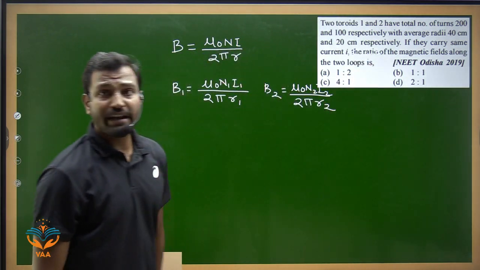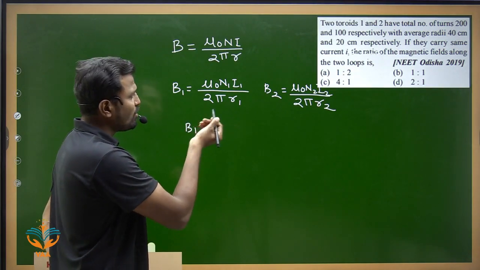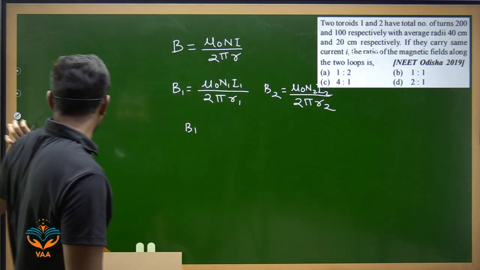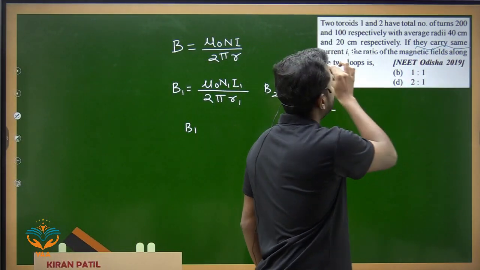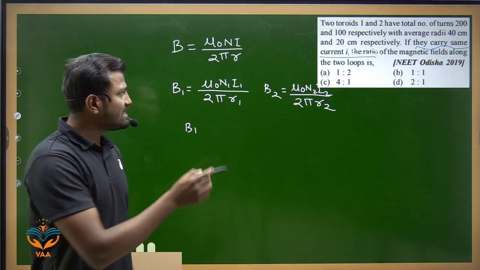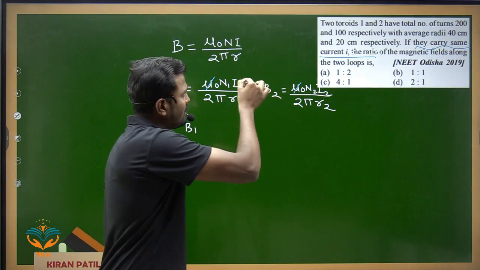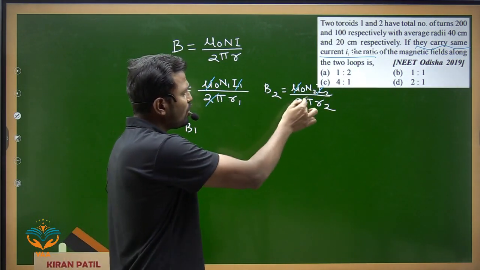If they carry the same current, both of them are carrying the same current, so we can simplify mu naught from both equations. I1 and I2 get cancelled out, and 2 pi also gets cancelled out.